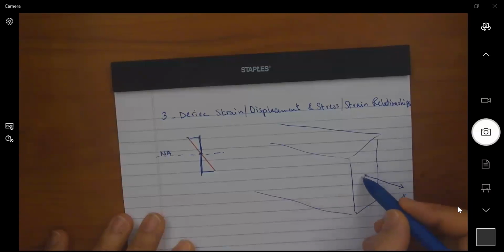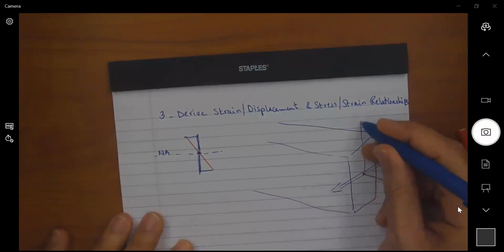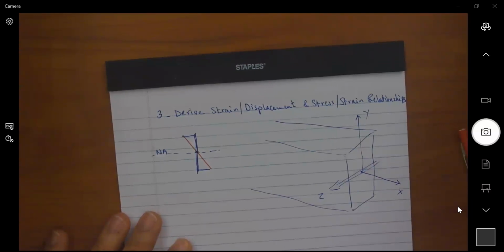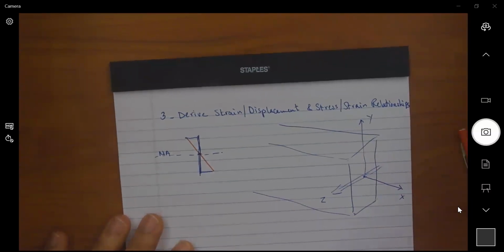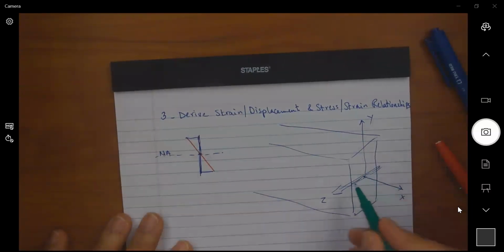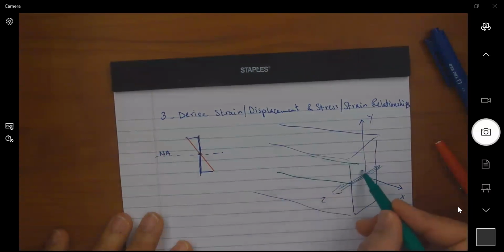If the beam is bending or is subject to a bending moment about the z direction, because this is the y direction. So this is the direction of bending. Okay. More accurately, we have a neutral surface that goes like this. This green one here.